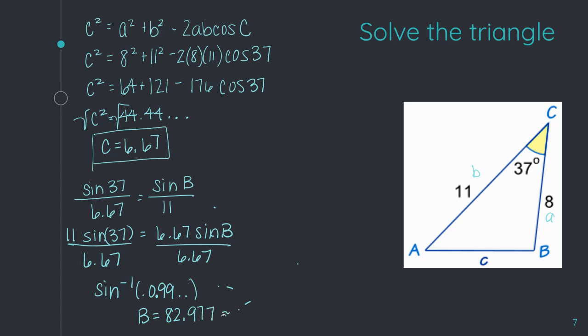So let's round that to 83.0. So angle B, I now know, is 83 degrees.